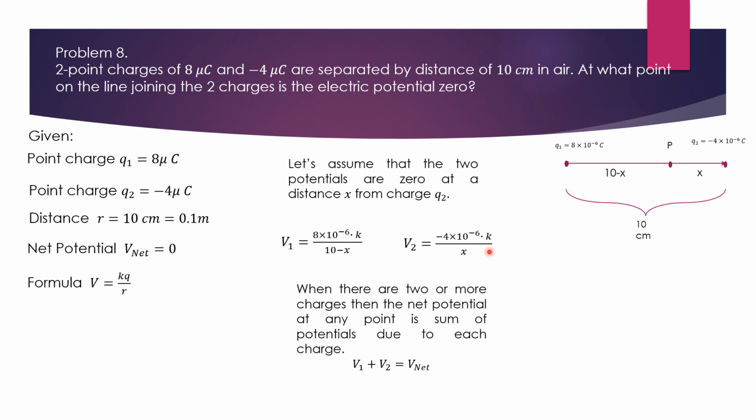Now, when there are 2 or more charges, the net potential at any point is the sum of the potentials due to each charge. That means V1 plus V2 is equal to V net.